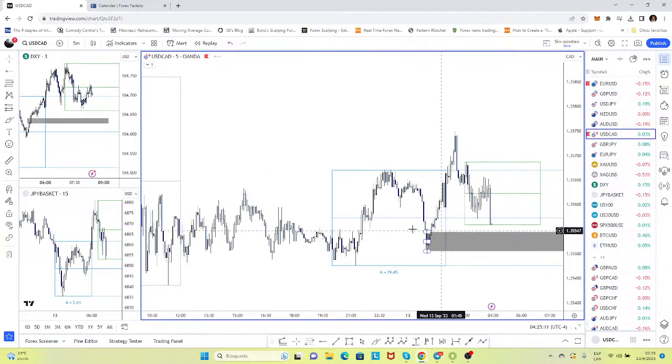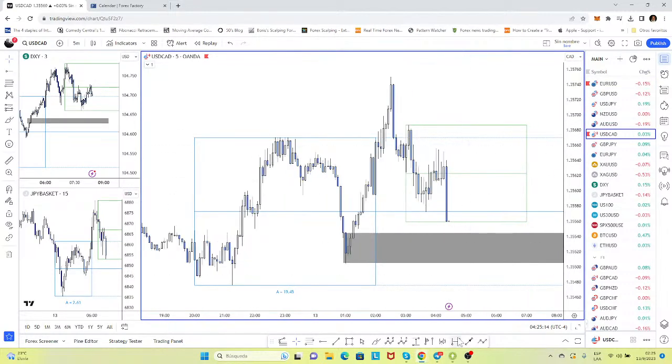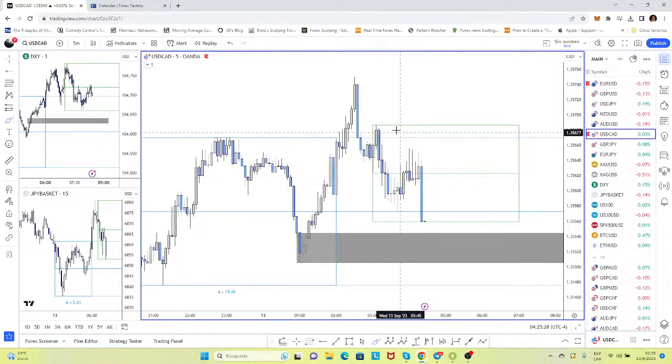In the case of the US dollar Canadian dollar, I'm not going to place my buy limits because of this. There was absolutely no break of the structure, and we had a massive bearish momentum, right? And if you notice what happened here, this is another entry model that you might want to pursue.